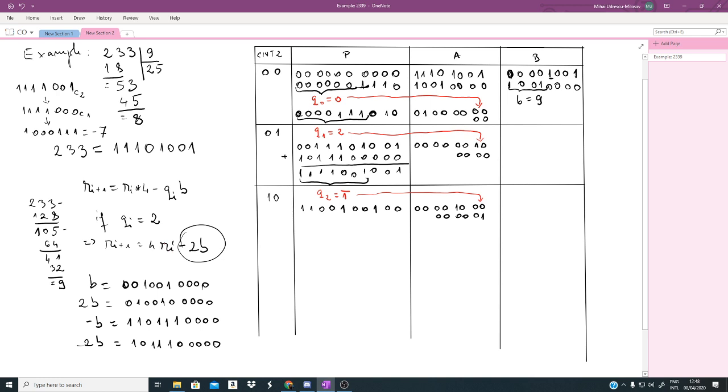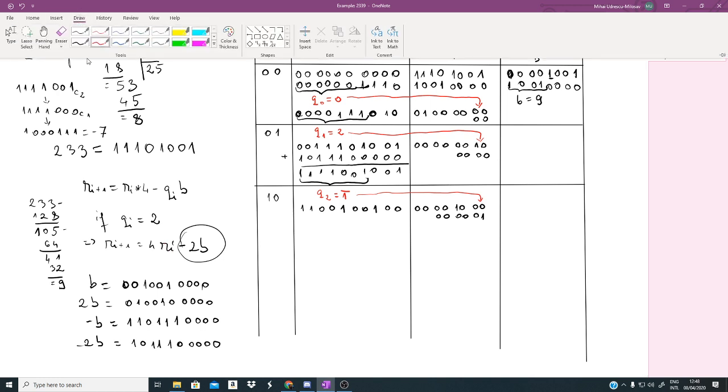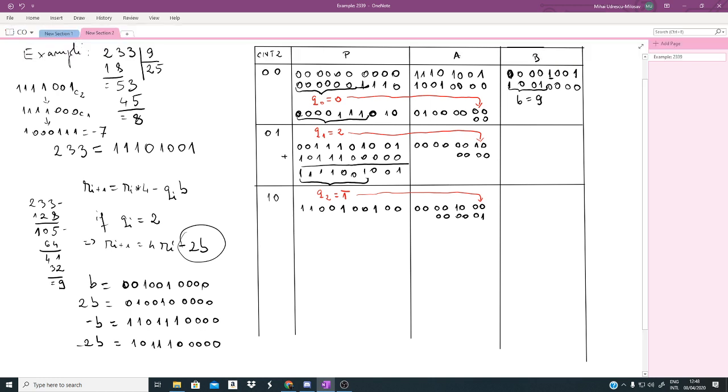And according to the equation here, if qi is minus 1, then ri plus 1 is 4ri plus b.